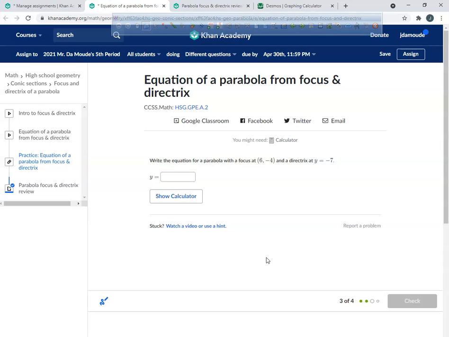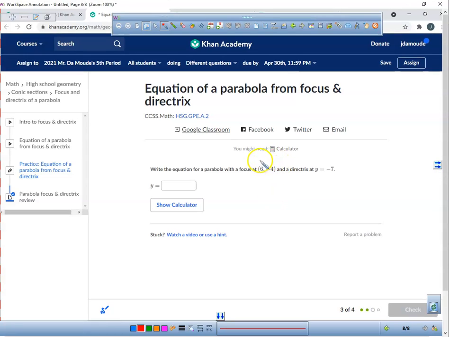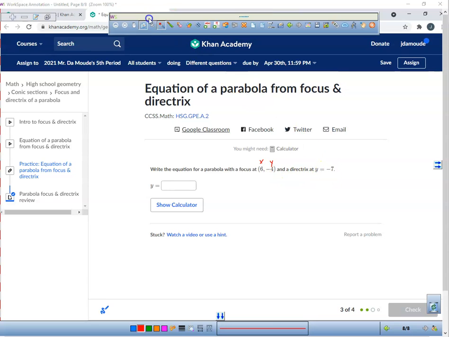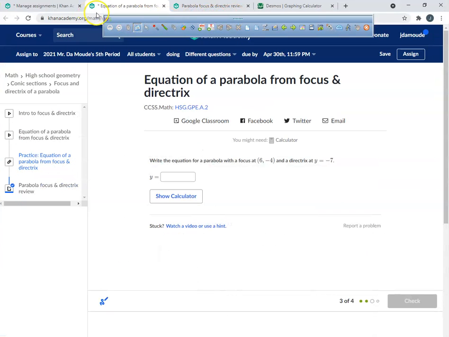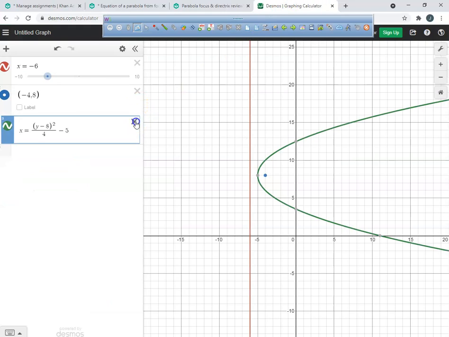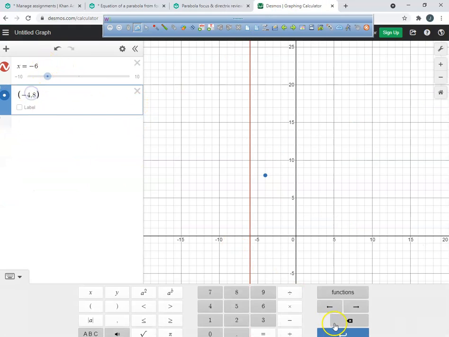So what I'm going to do is type my focus into Desmos. Here's my focus. There's my x. There's my y. There's my directrix. So 6, negative 4, and y equals negative 7. All right, 6, negative 4.